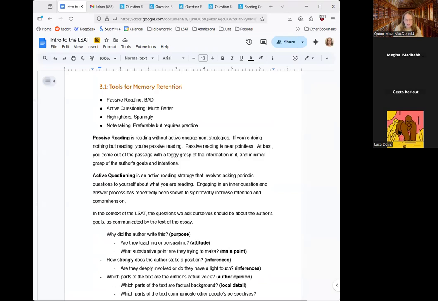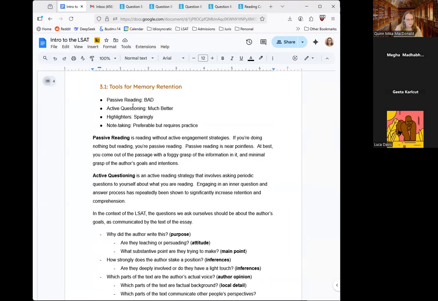And passive reading is near pointless. You come out with a foggy grasp of the information in it, and a very foggy grasp of what the author's goals and intentions were, because you're not really asking those things as you read. You're not trying to think about those things as you read. Don't be a passive reader. You're not going to do well on the RC section as a passive reader.